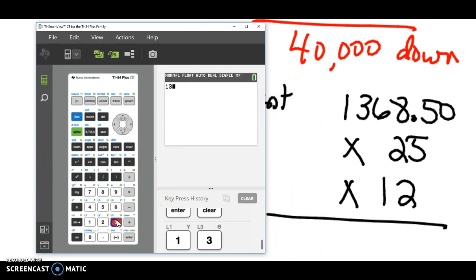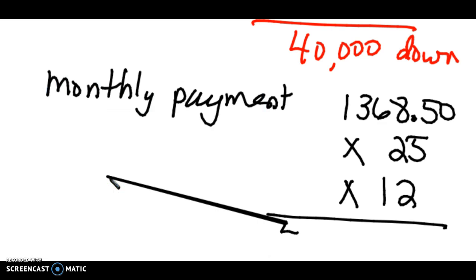Okay, so $1,368.50 times 25 and times 12 gives us a product of $410,550.